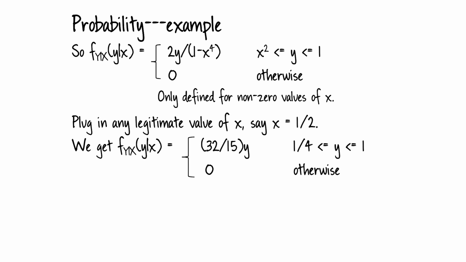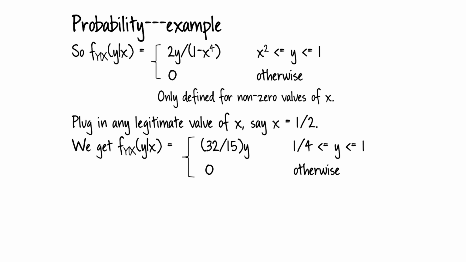But we can plug in a particular value of x, as long as it's a value where the probability of x is non-zero. We plug in a particular value of x, and that gives us a conditional distribution of y that's no longer a function of x. So plug in any legitimate value of x, and let's just say x equals 1/2.